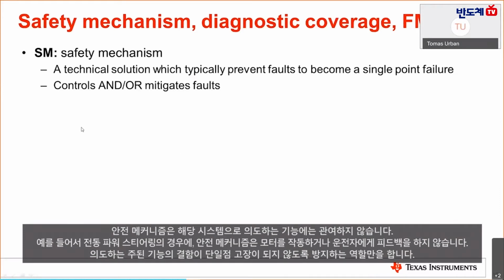So the safety mechanism does not itself contribute to the intended function. For example, if we have an electric power steering, the safety mechanism does not actuate the motor, does not feed back to the driver. It is usually some mechanism that prevents the faults of the primary intended function from becoming a single point failure.